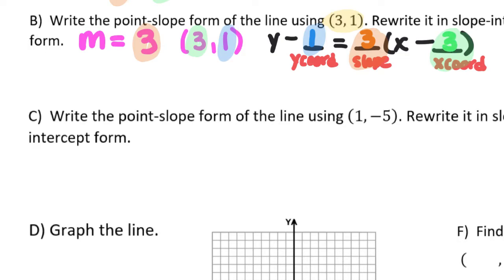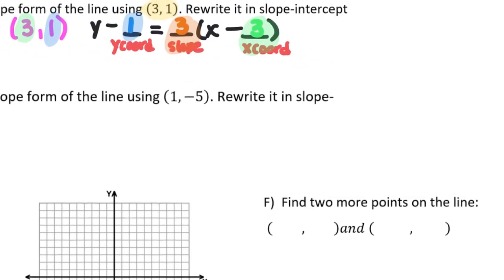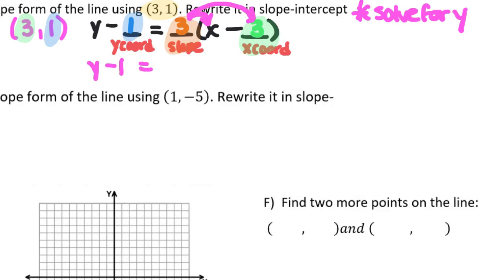Now, the next part of the problem asks us to rewrite it in slope-intercept form. So when you are rewriting in slope-intercept form, essentially what you are doing is you are going to solve for y. So if I want to do this in this problem, the first thing I'm going to do is distribute the 3. So it's going to stay as y minus 1 equals 3 times x becomes 3x. 3 times minus 3 is minus 9.